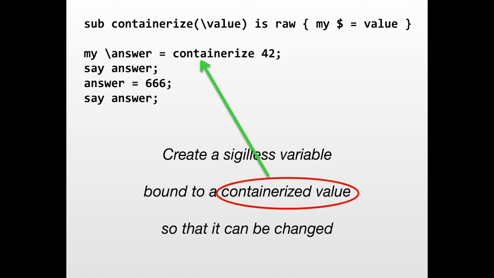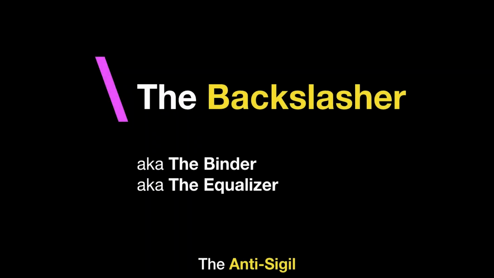So basically, we have created syntax here for creating a containerized value. As you can see, it can change it. So that's about the backslasher, aka the binder, aka the equalizer, the anti-sigil.